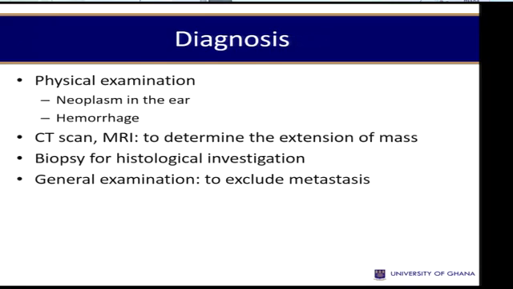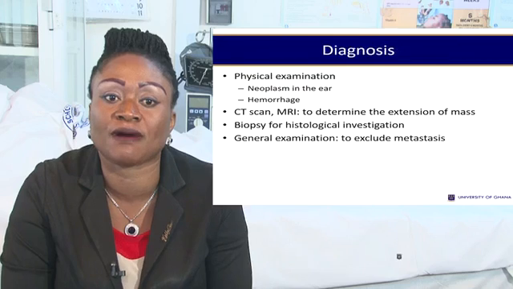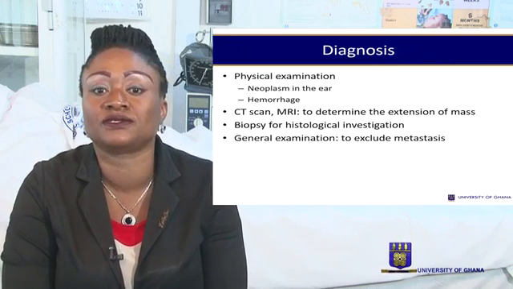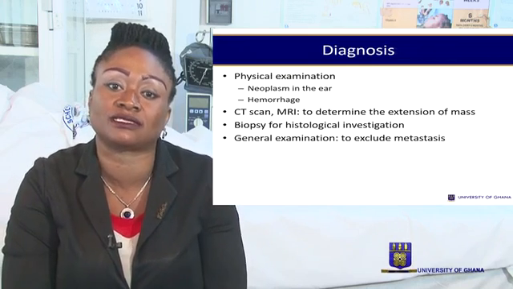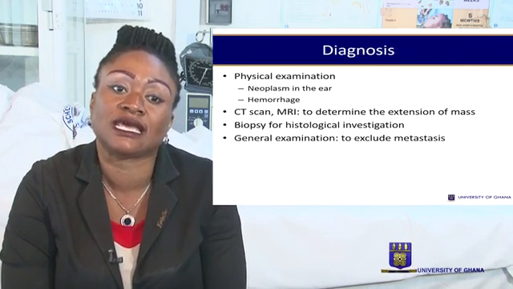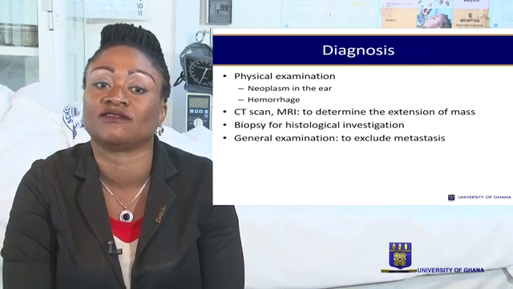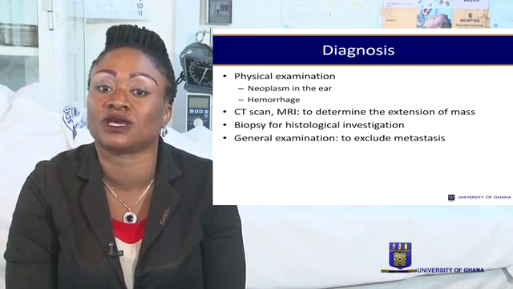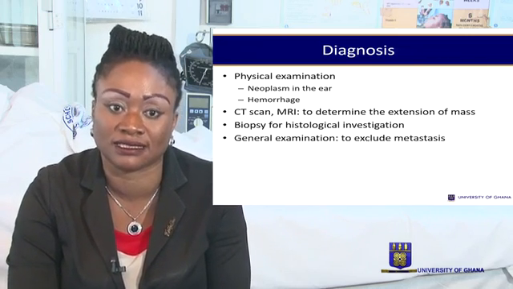Diagnosis is through physical examination and CT scan. MRI may also be done. CT scan and MRI are done to determine the extent of the mass, or how the mass has extended. Biopsy for histological investigation is done, as well as general examination to exclude metastasis.